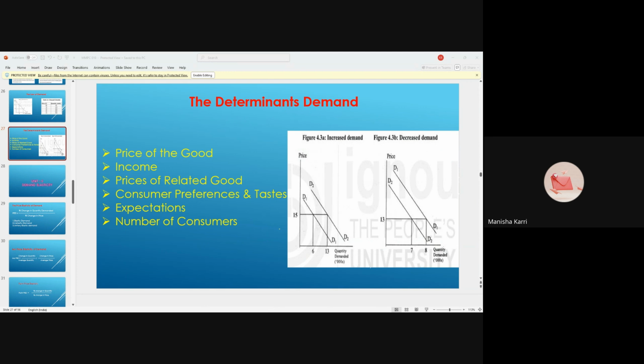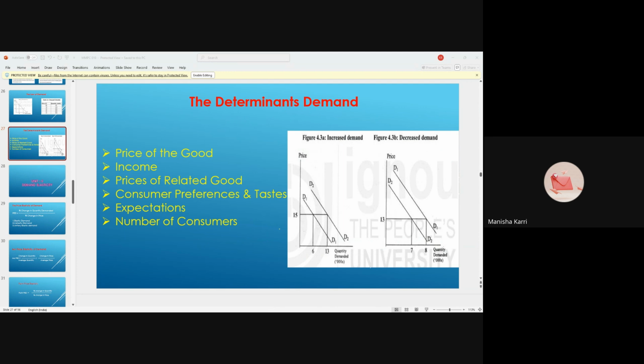And number of consumers. The total demand for the good or service is influenced by the number of consumers in the market. So more consumers generally lead to higher demand. You can see in the PPT, the first one, figure 4.3a, shows the increased demand, and 4.3b shows the decreased demand.